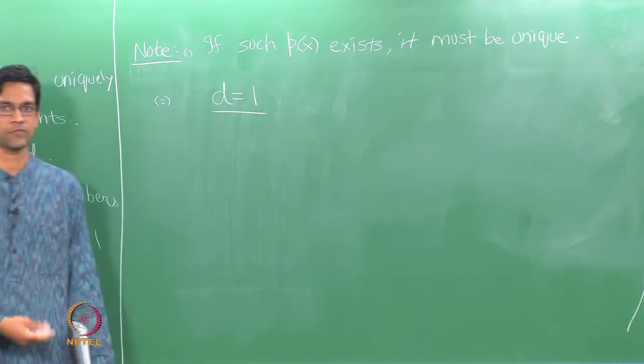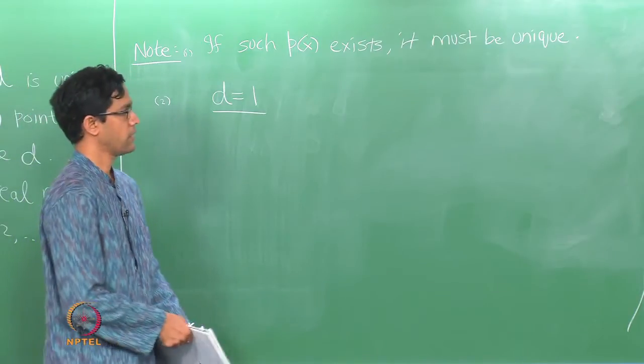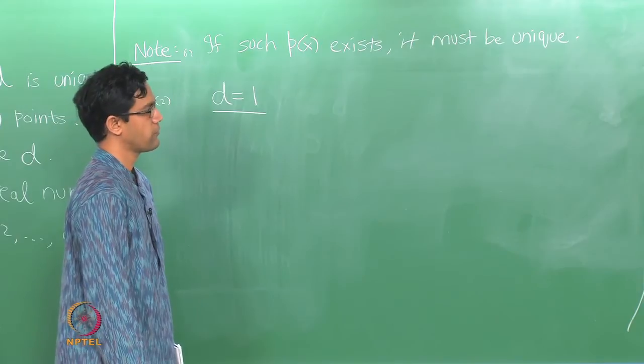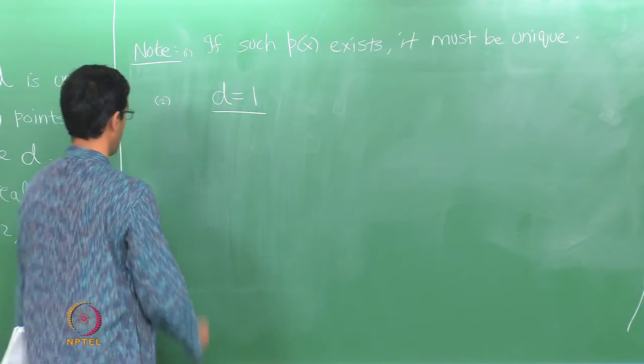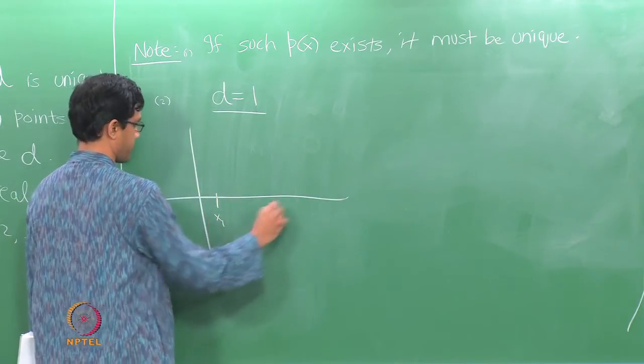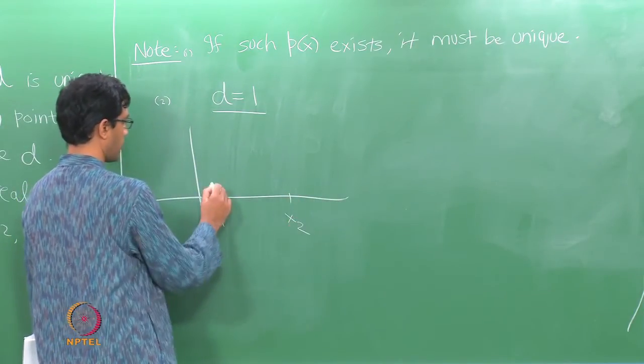So let us take the case when d equals 1, in the interpolation problem. What does that mean? It means that you need to find, what are you given? Firstly, you are given 2 points x1, x2, and you are given 2 y values.